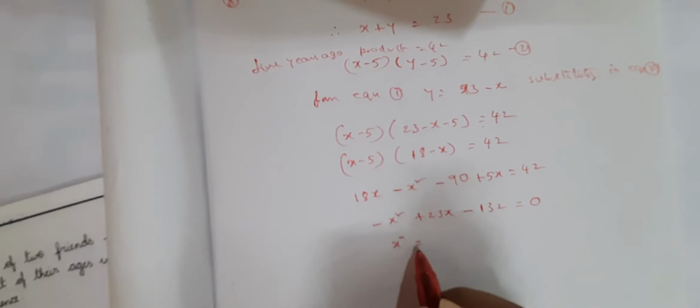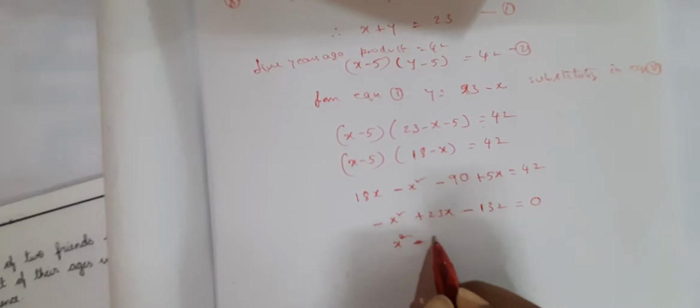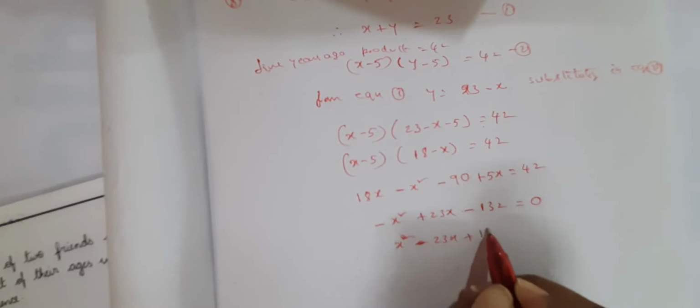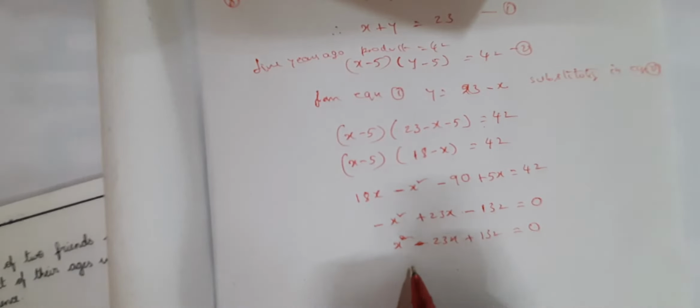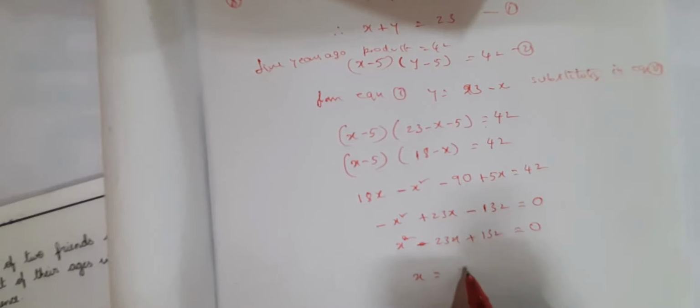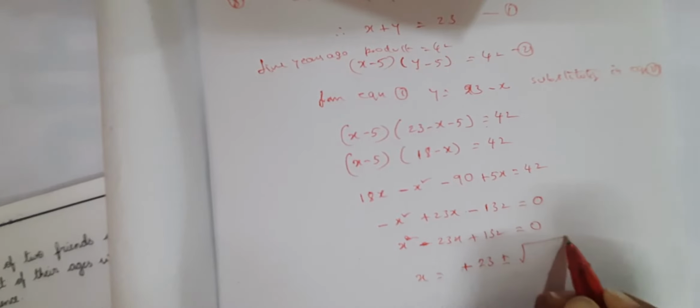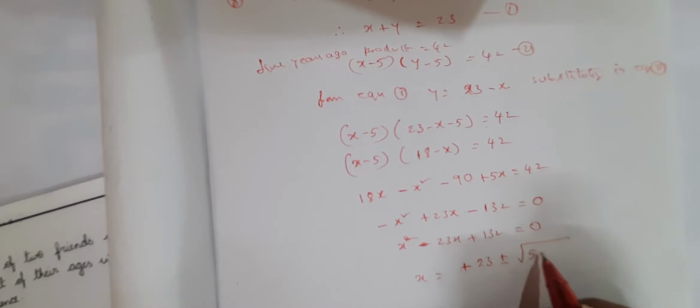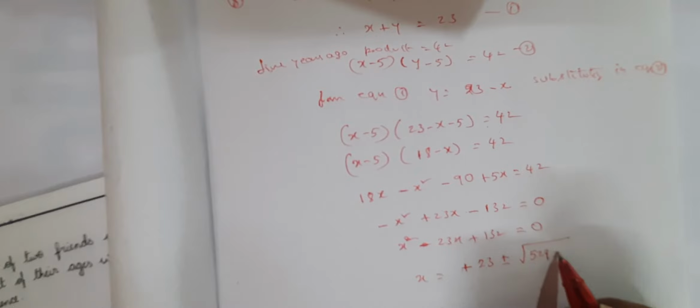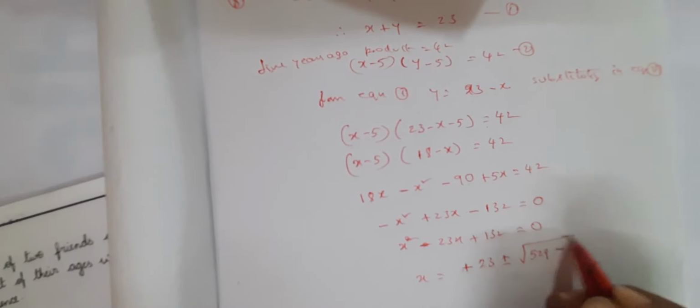Okay, right. So now let's take minus common so that our job will become easy. X square minus 23X plus 132 is equal to 0. Right? And now X is equal to minus B, minus of minus 23, plus or minus root of B square, which is 529, minus 4AC.